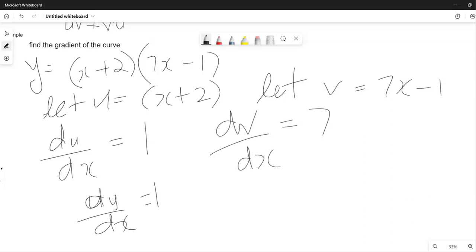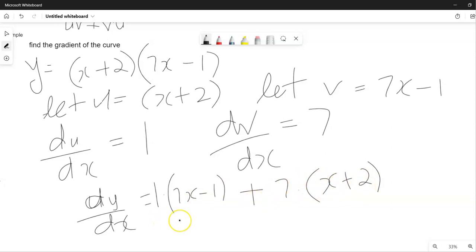So that's 1 times v, so 7x minus 1, plus v prime, so 7 times u, and u is x plus 2. So derivative of first times original second plus derivative of second times original first.